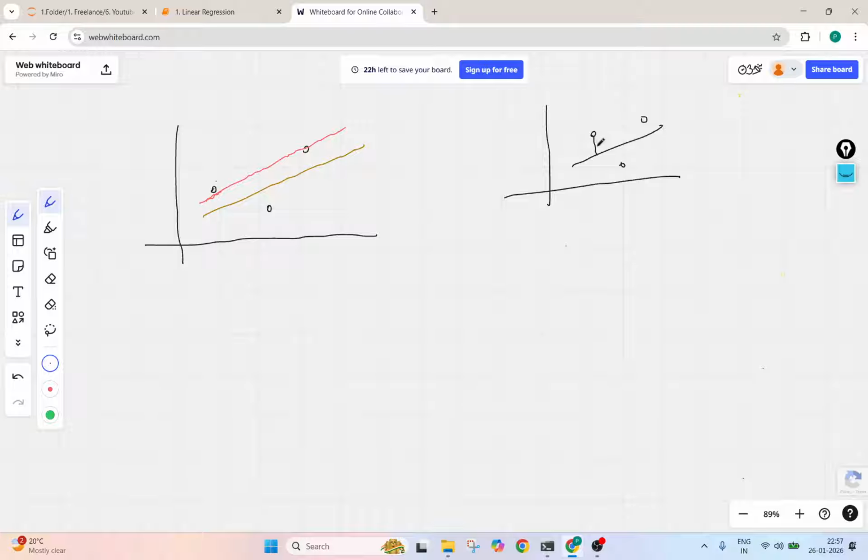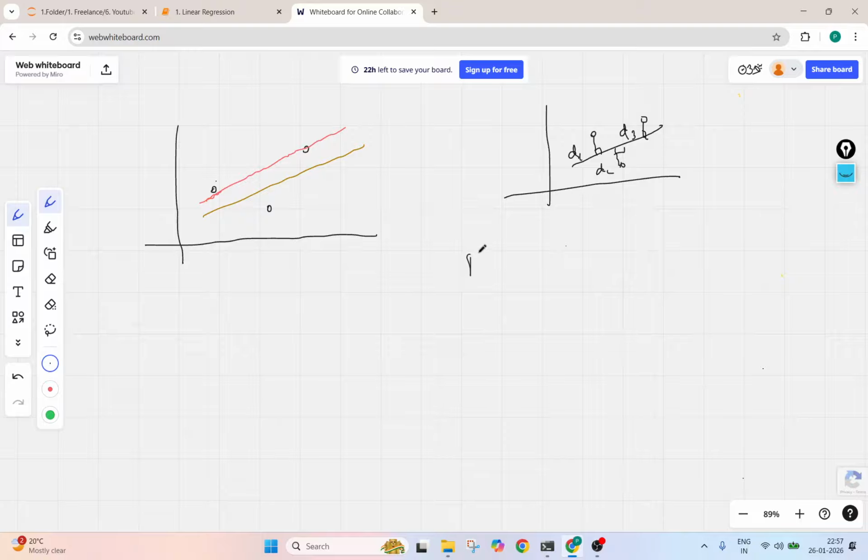So this is the error, again this is my error, and this is my error again. All are perpendicular lines, so we drop a perpendicular line from the actual point to the predicted point. Let's call these D1, D2, and D3.